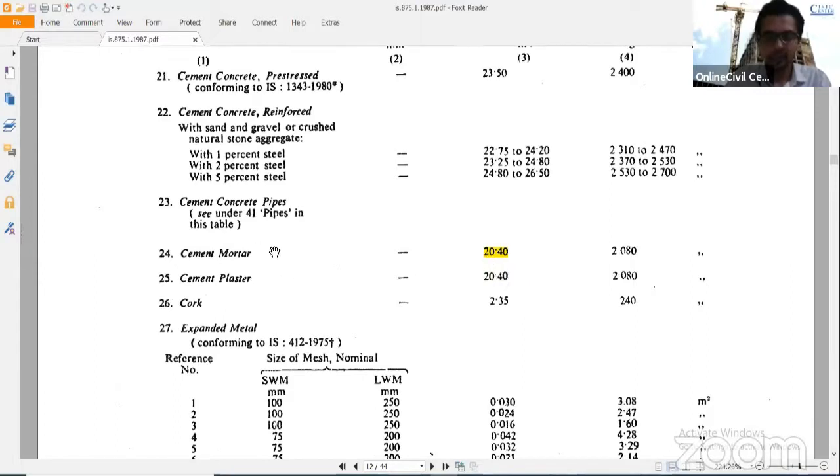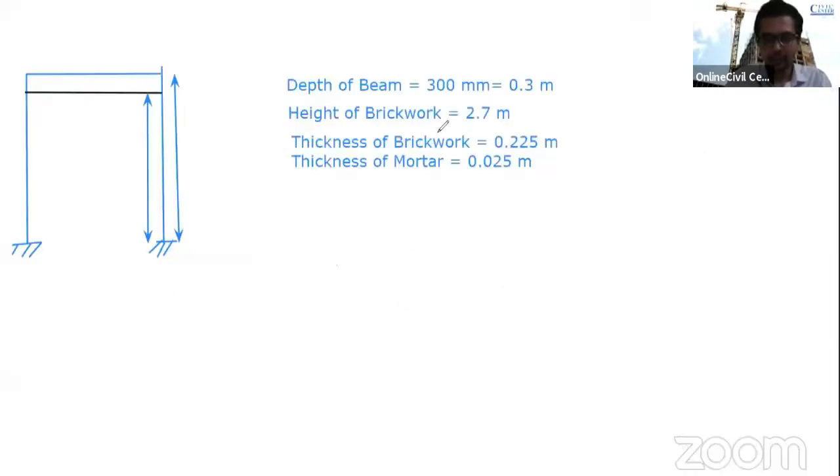This unit weight of cement mortar we got from here, and earlier we got the unit weight of bricks. So we'll use these two values to calculate. Go back to the whiteboard. Now we'll write the values which we have found as per IS 875 part 1.